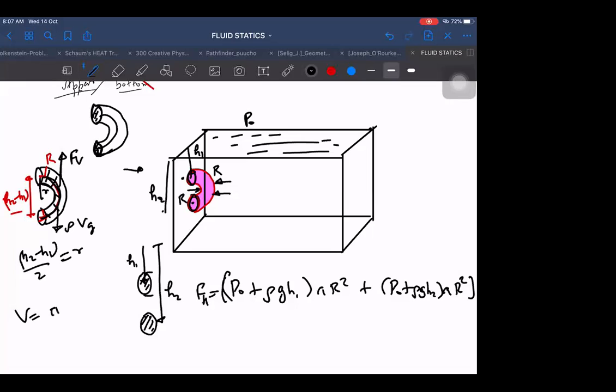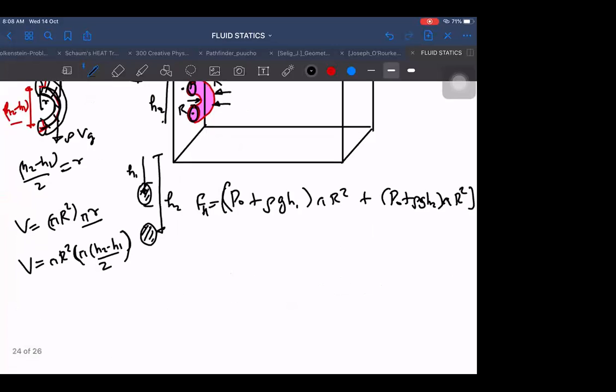We can form this tube by rotating a disc of r radius. Then pi r square is the area of the disc, multiplied by the path covered by the center of mass, which will be pi into small r. It means it will become pi r square into pi into (h2 minus h1) divided by 2. That is the volume.